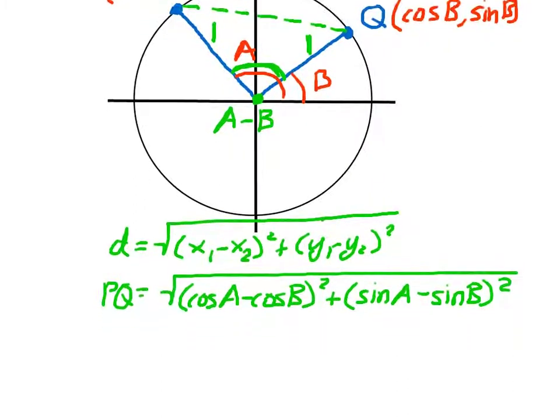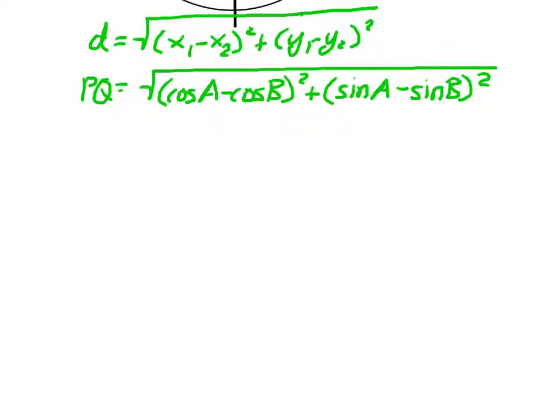Okay, get ready for some algebra here. We can square both sides of this equation to get P Q squared, and then we get rid of the square root sign on the right hand side. At the same time, we can expand each of these sets of parentheses.